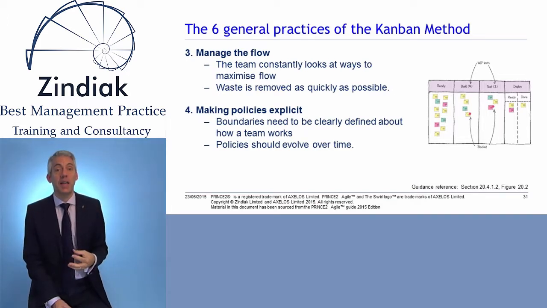And that might indicate to us that we either need to train the other developers or bring on to the team additional developers with the required skill and knowledge. The fourth practice is making policies explicit. Boundaries need to be clearly defined about how the team works, and those policies should evolve over time. So again, lessons learned, continual improvement.